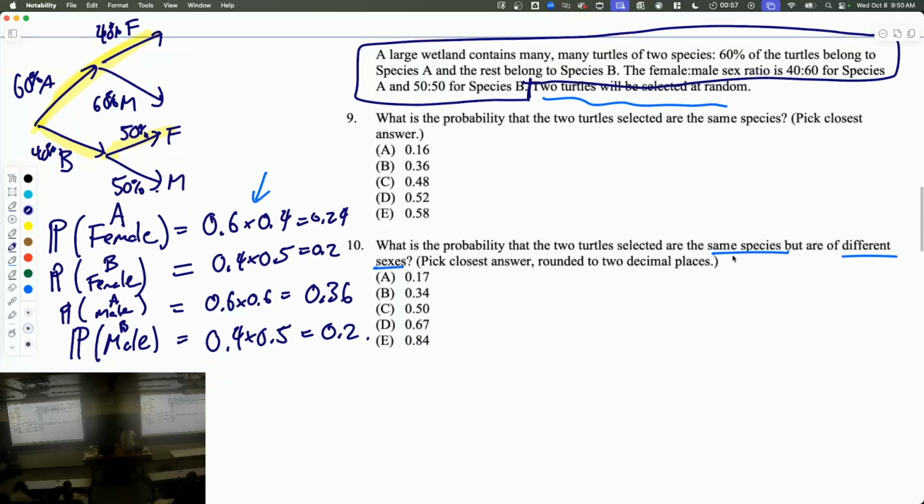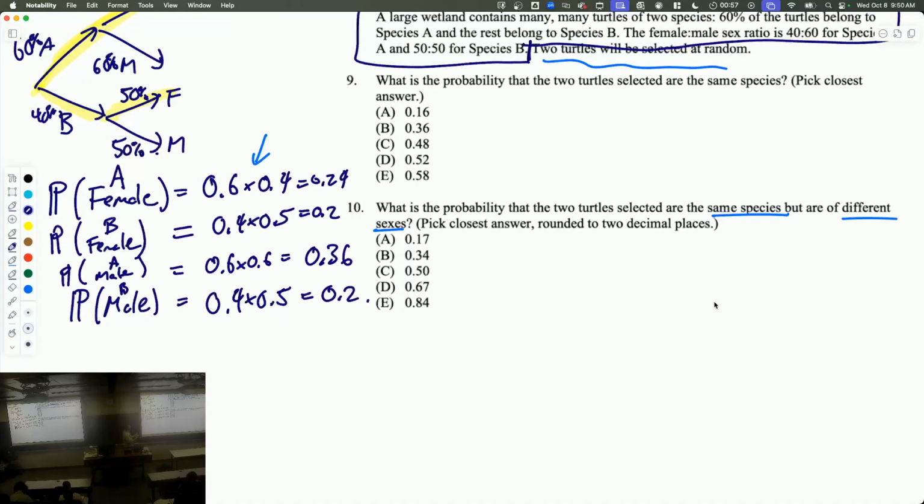And once again, this is some kind of combinatorics problem where it's not really combinations or permutations and chooses. It's just kind of like listing out what's going to happen. And the things are sort of combinations of the possible ways. So same species, different sexes. They could either be species A or species B. If they're species A, I think it could go A female, A male.